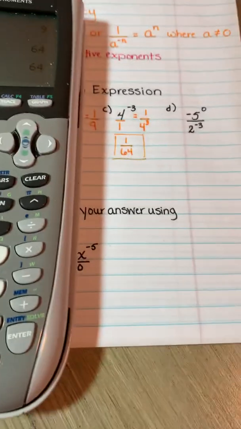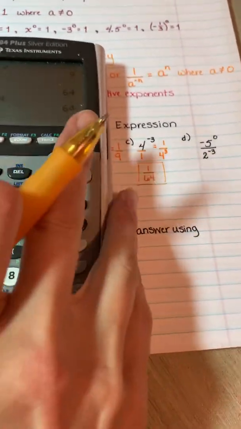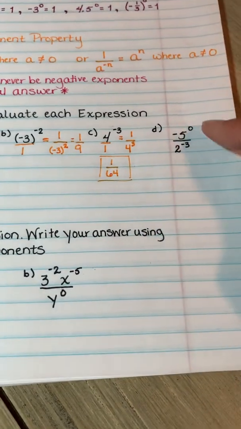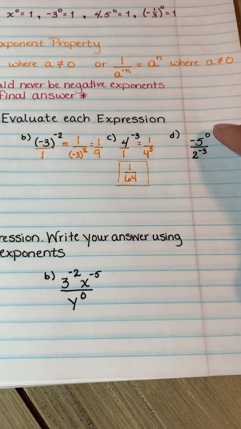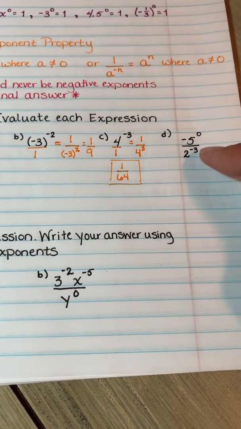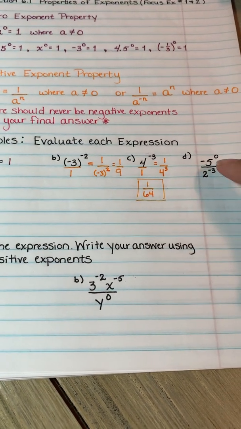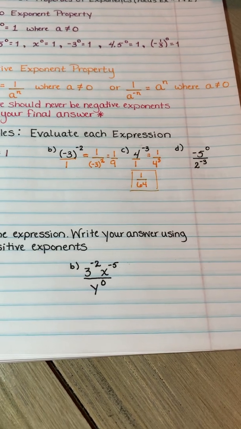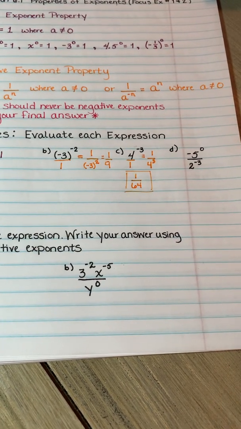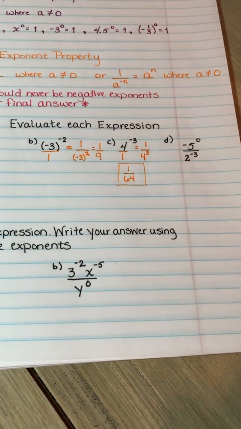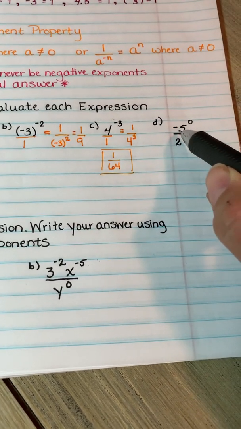Okay, and then one more, simplifying these expressions. So in this problem, we have a combination of our 0 exponent property and our negative exponent property. We know that anything to the 0 is 1, so I'm going to go ahead and take care of that first.